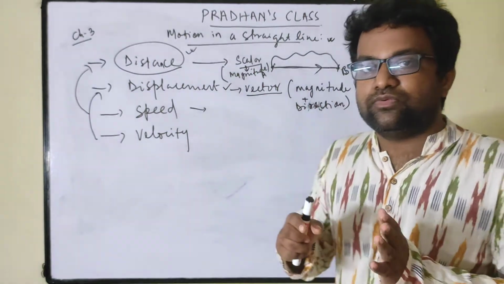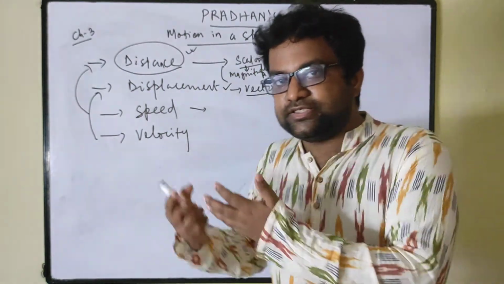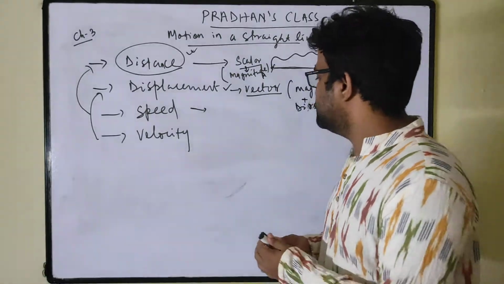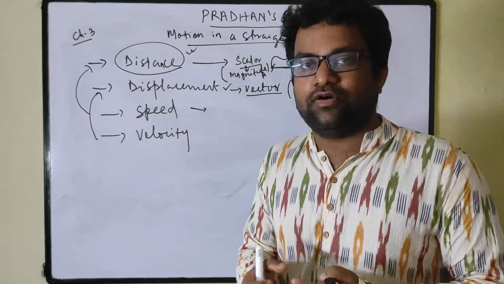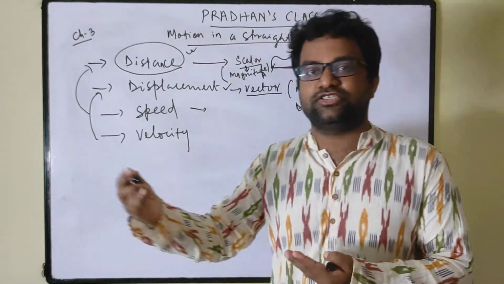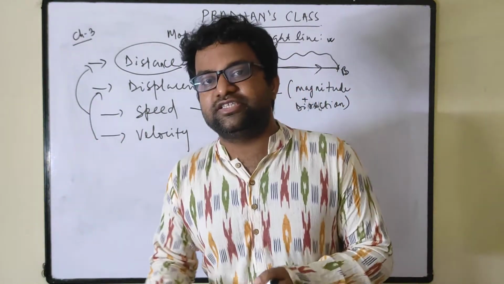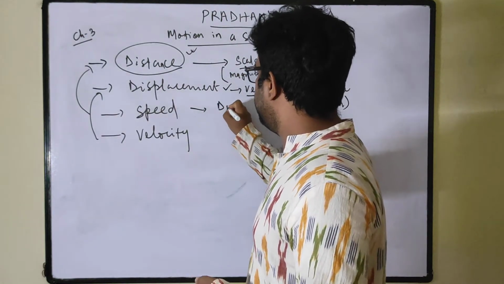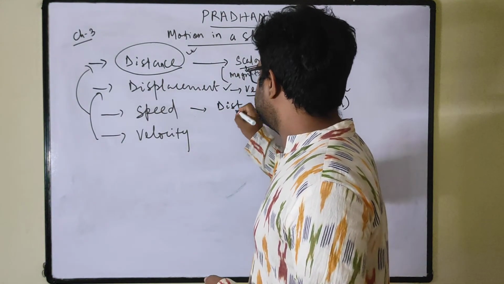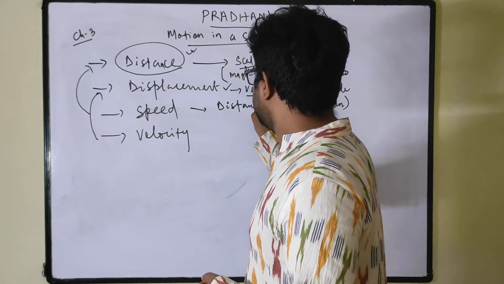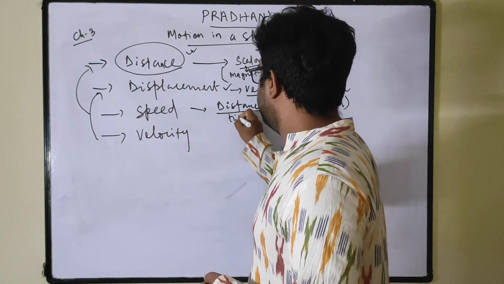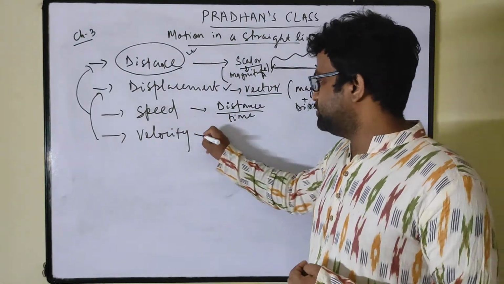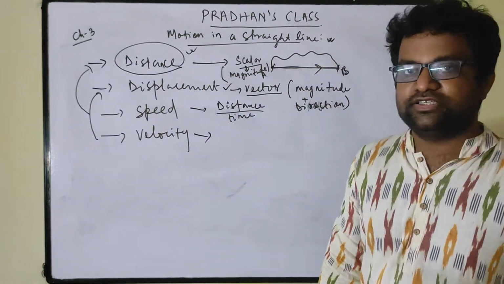So what does speed mean? If the speed is more, in less time you can cover more distance. That means the rate of change of distance, how fast the distance is covered, how fast the distance is changing, that is your speed. That means distance upon time is defined as speed. Similarly, one more term that we are supposed to define is velocity.